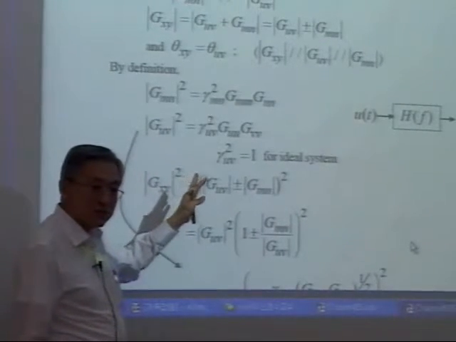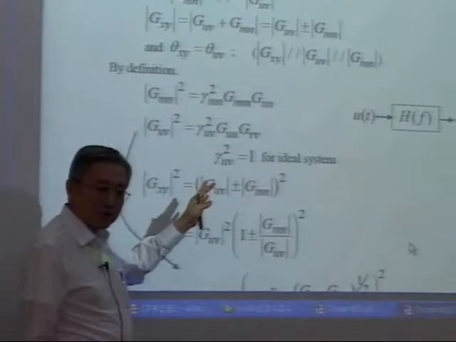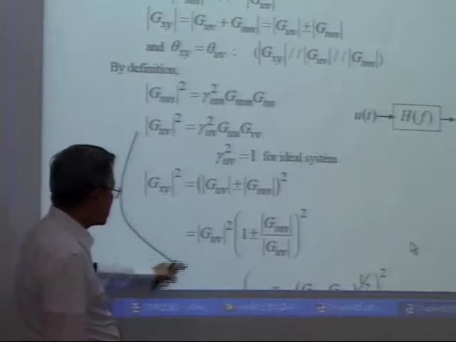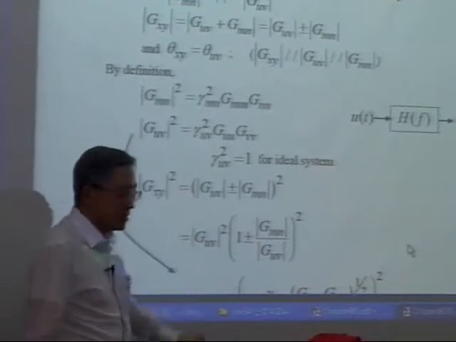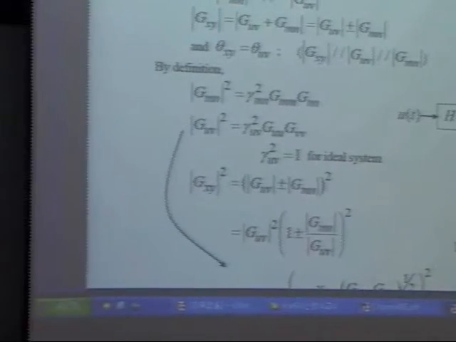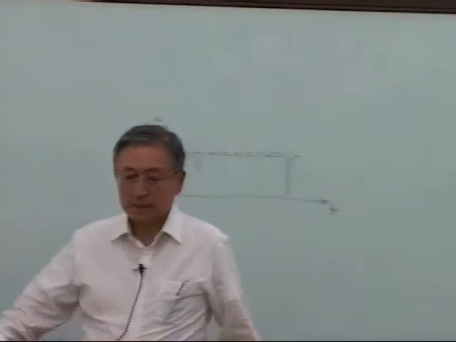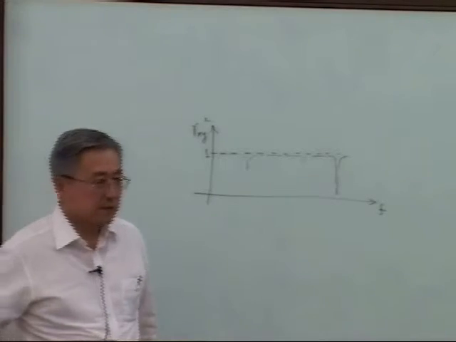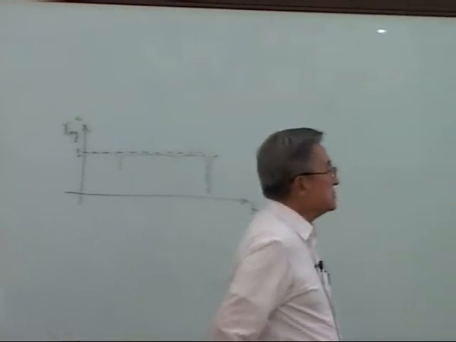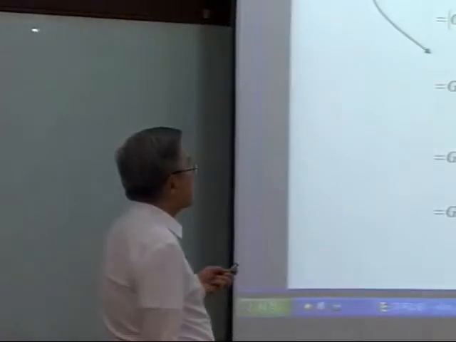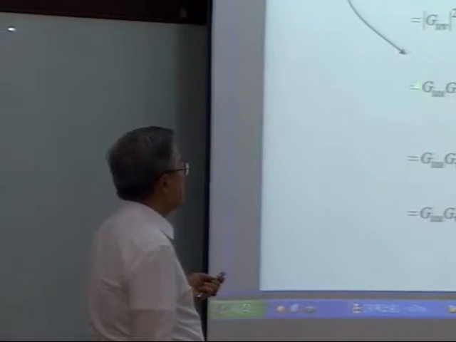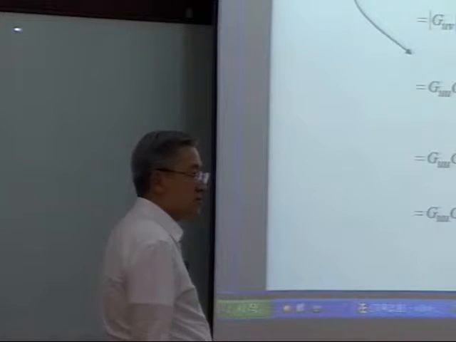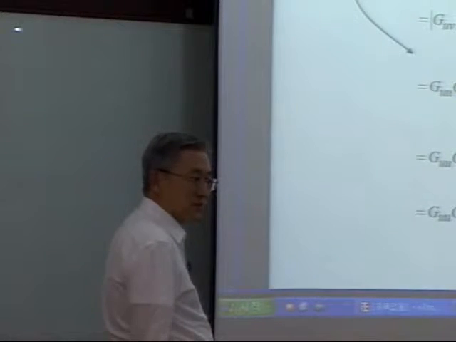In this case, when G_MN and G_UV are parallel, we can simply rewrite by taking out the |G_UV| absolute square. |G_UV| absolute square is G_UU times G_VV, by definition, right?